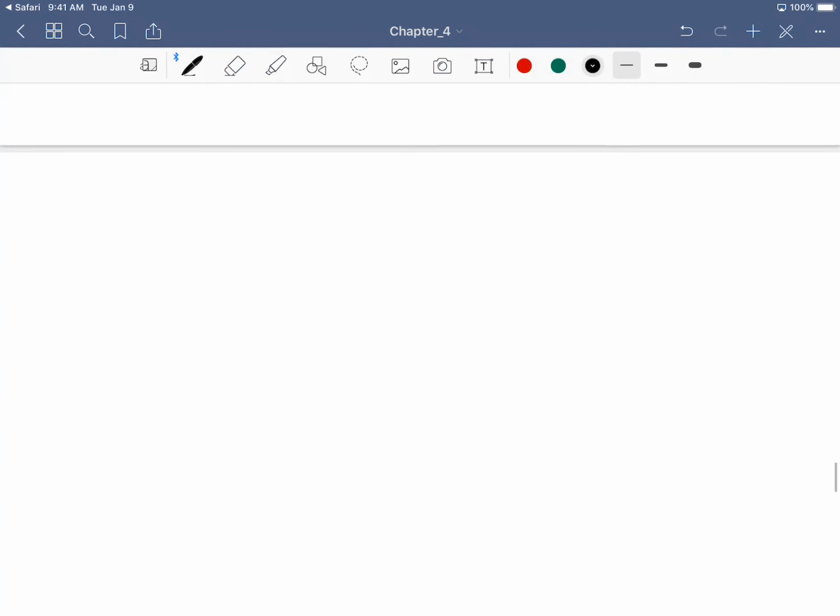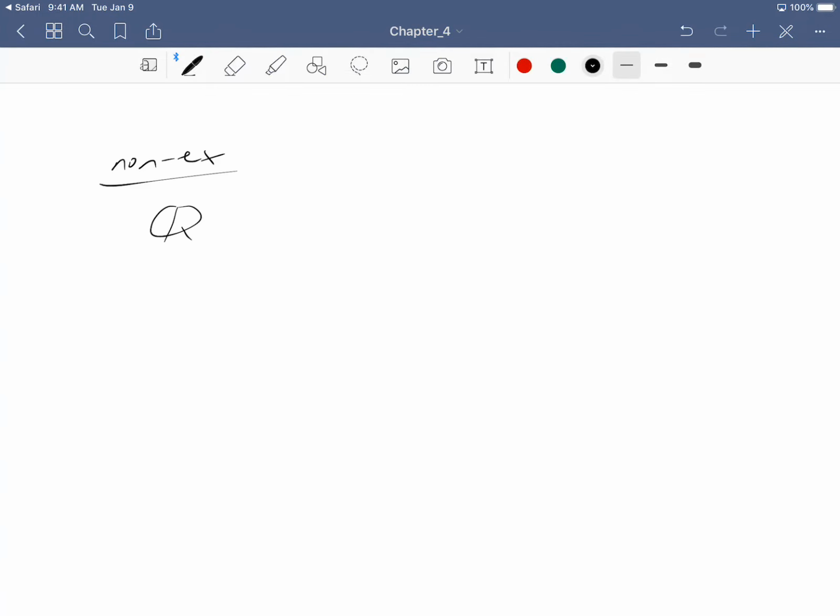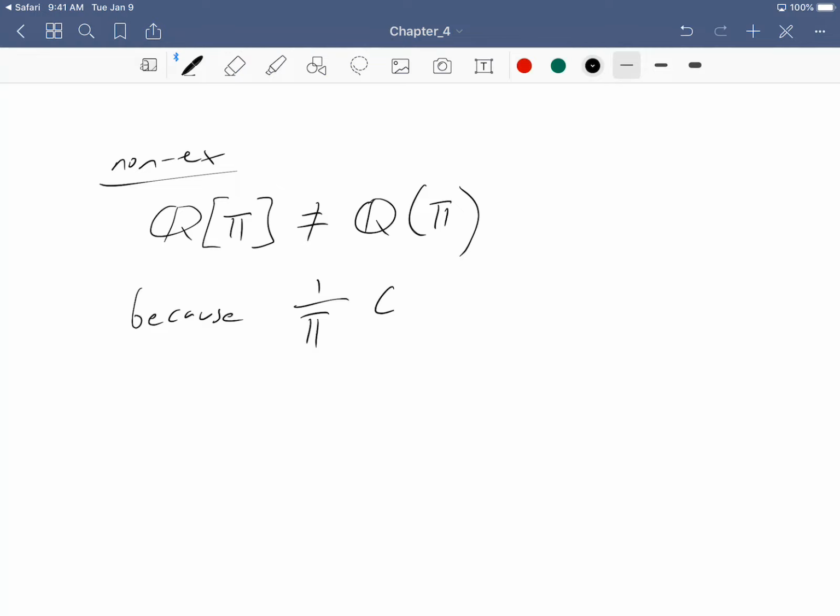All right, then there is a non-example. Q adjoin pi, the subring, is not the same as Q adjoin pi, the subfield, okay? Because 1 over pi is not in the ring.